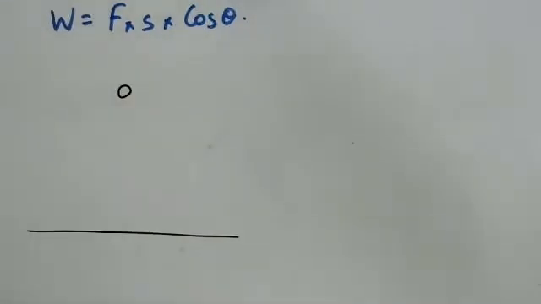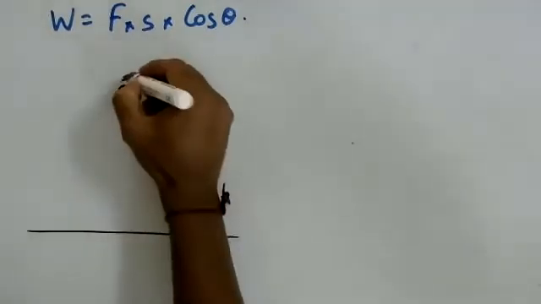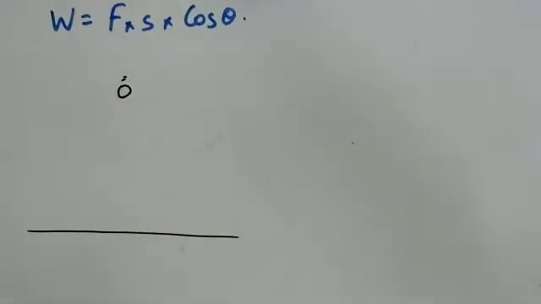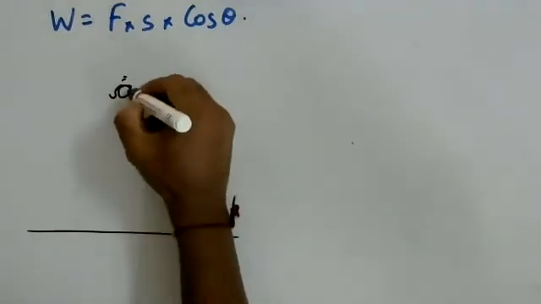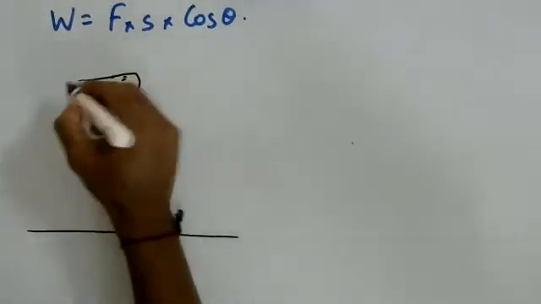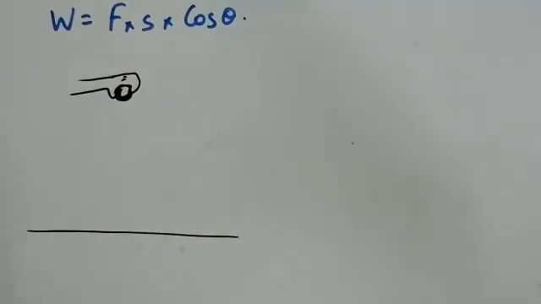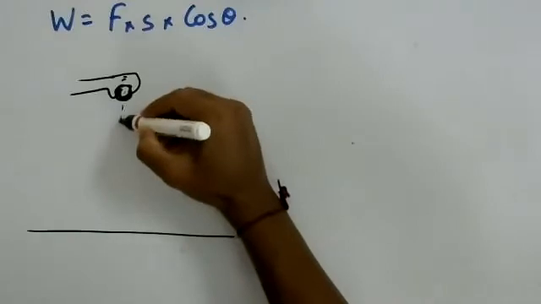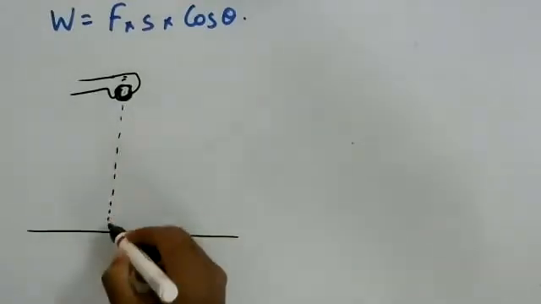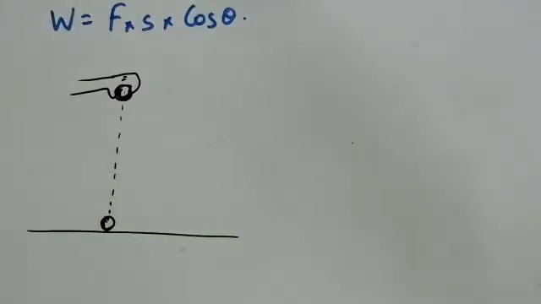When an object is allowed to drop under the influence of gravity, when the object is dropped from a certain height and it falls down to the earth. Sorry, the line is a bit crooked, but assume it's falling straight down.